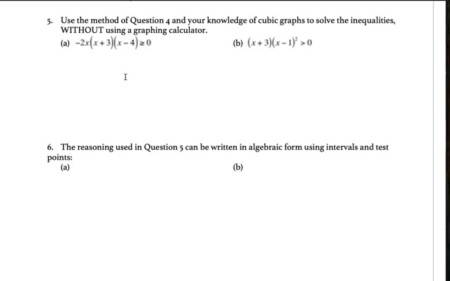So knowledge of cubics: tell me what my roots will be. For this it would be 0, minus 3 and 4, and it's cutting at all of them. Will it be like this or like this? It would be the second one because it's negative.